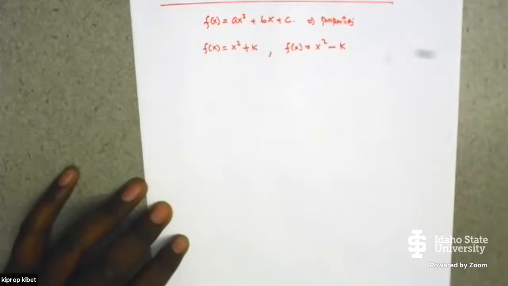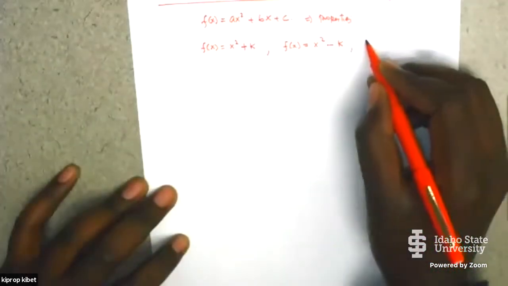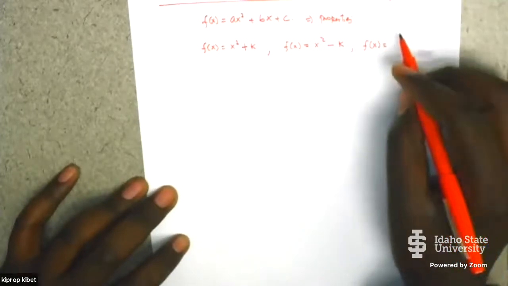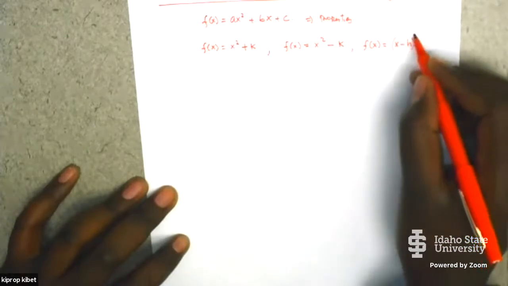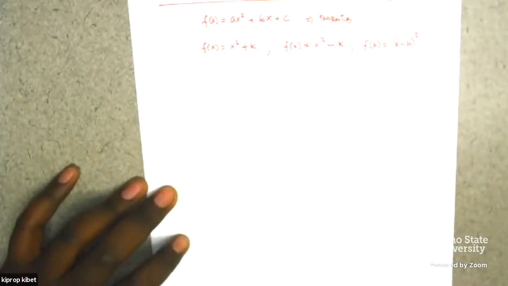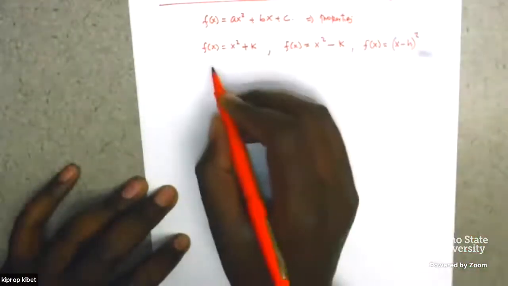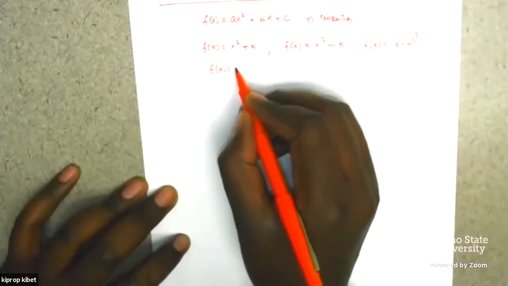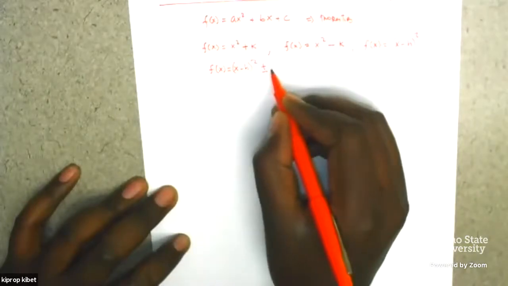And then later on, we will graph the function f of x equals x minus h, and then we square. What happens there? And then what happens when f of x equals x minus h squared, and then we add or subtract the constant?